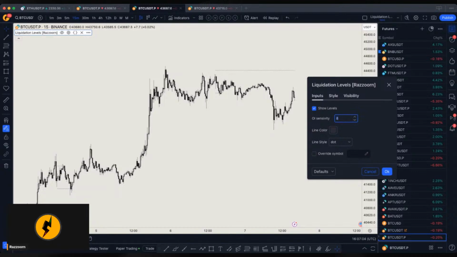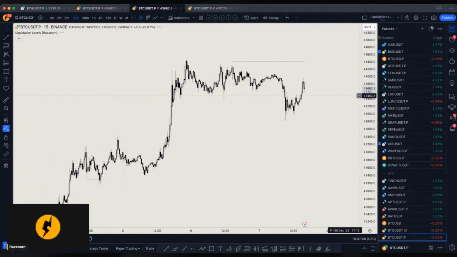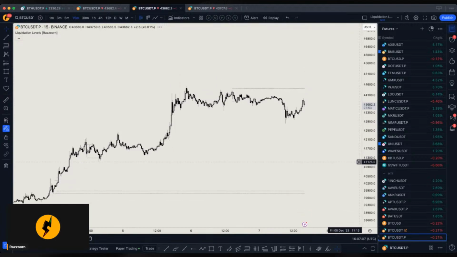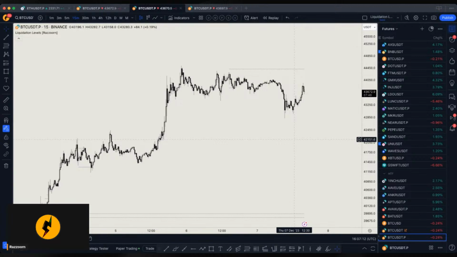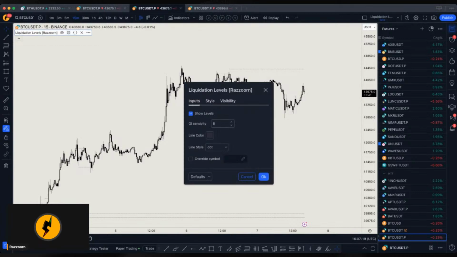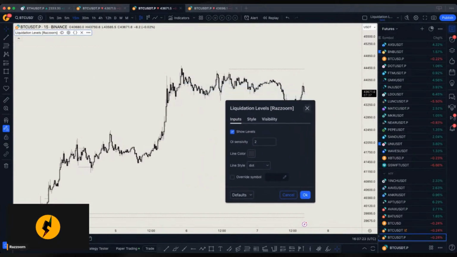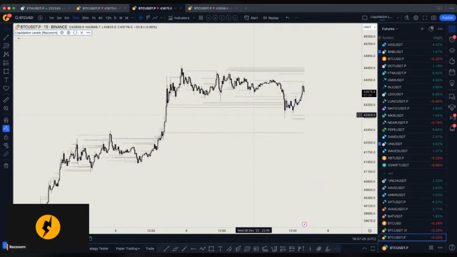If you use something like 8, it shows the levels on higher time frames, rather than if you use something like 2 or 3. 2 focuses more on local time frame, local data, local price action. That's how we can put it.